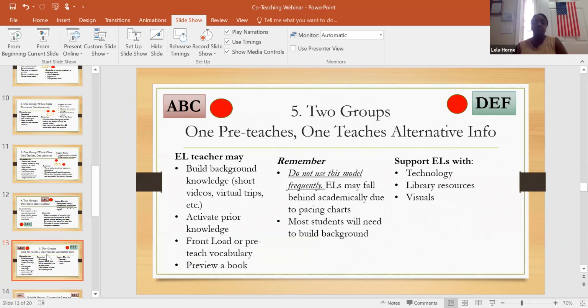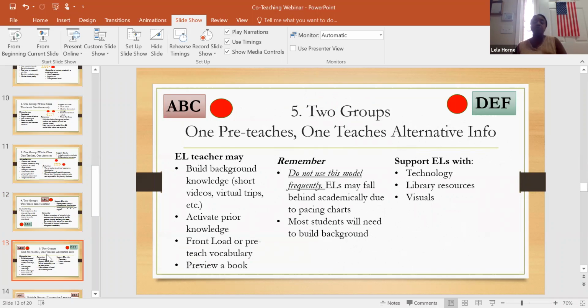This is a 2-group model. In this 2-group model, again, you have one pre-teaching and one teaching alternative information. Perhaps they're extending the lesson, enhancing it in some way, taking a virtual field trip. There are many things you can do.